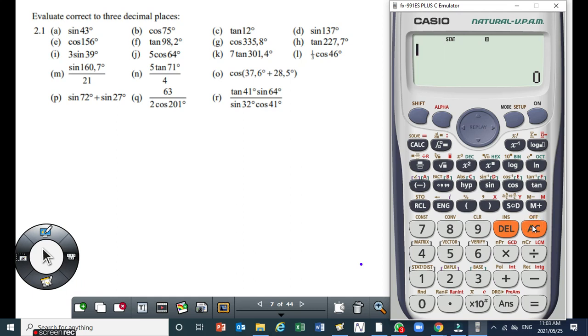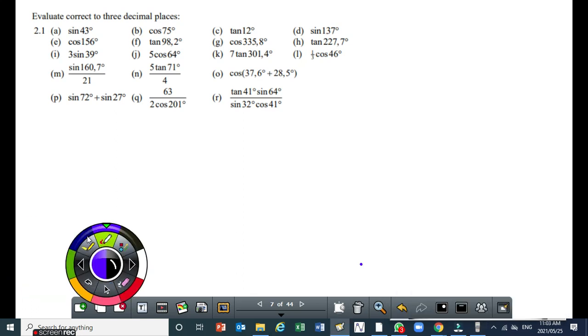All right. So let's start with the first one. It's just an application of the calculator. So the first one is 1a. In 2.1a, we have sine 43 degrees.